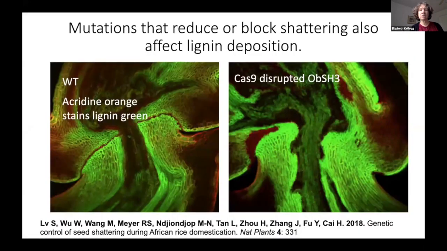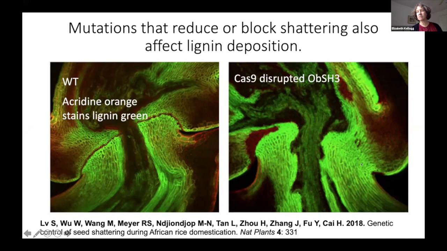And people have looked at this. This is one paper from the literature looking at the African rice compared to a mutant. Here we've now got acridine orange, which is also still staining lignin. It's just now green. There's the abscission zone. And in one of the non-shattering mutants, in the domesticate, lignin now extends all the way across the abscission zone.